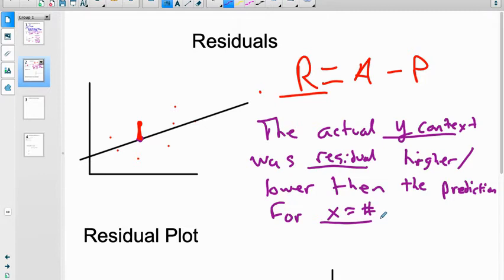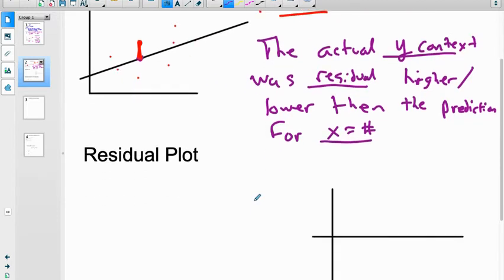So residual is the actual minus the predicted from the line.